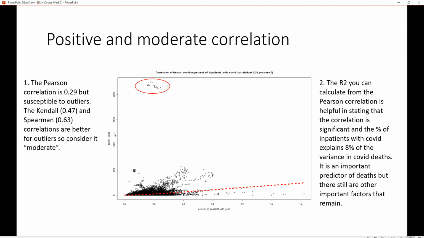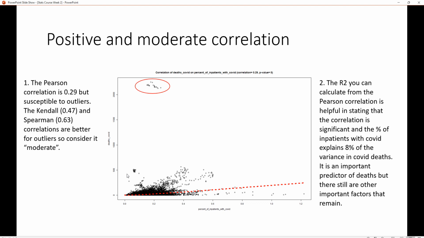On the y-axis, we have our outcome of deaths from COVID, and on our x-axis, we have the percent of inpatients that had COVID. So the relationship we'd want to look at is the pattern that we see based on the percent of inpatients with COVID and how that relates to the number of COVID deaths.